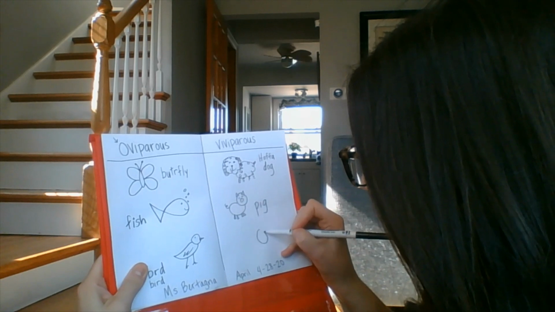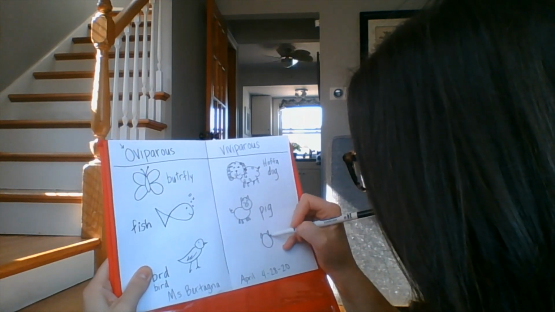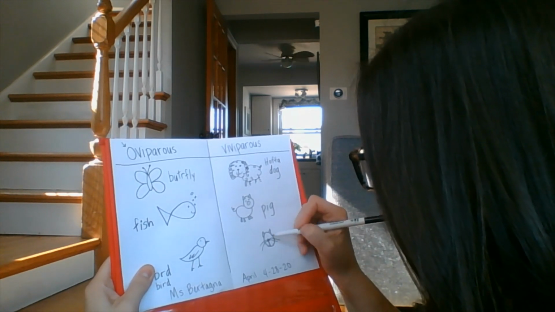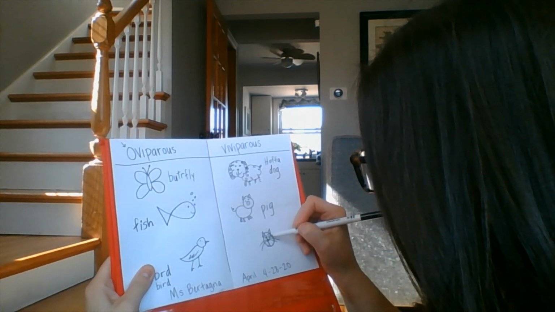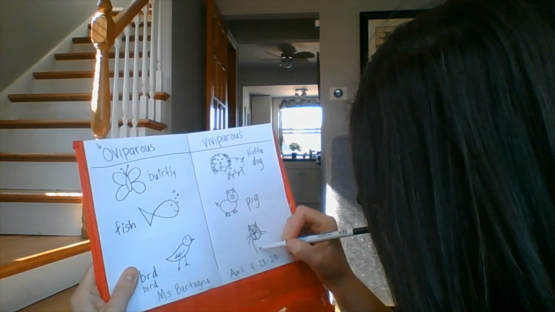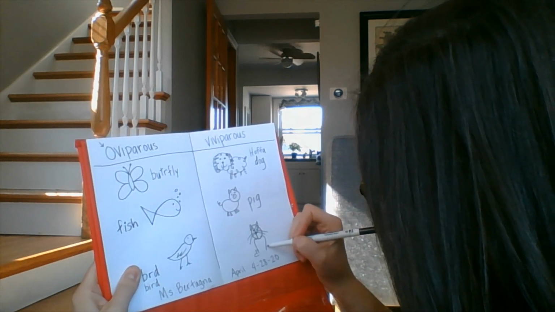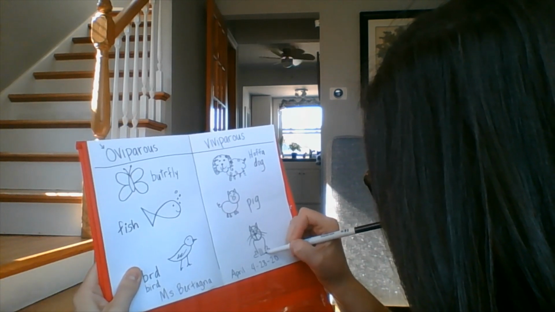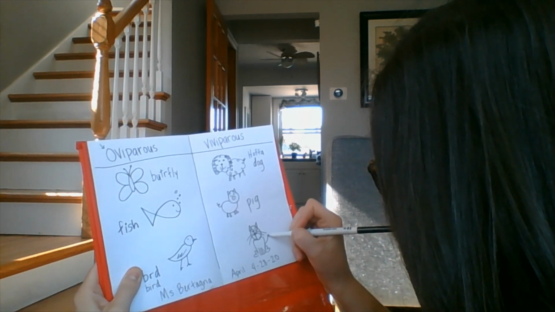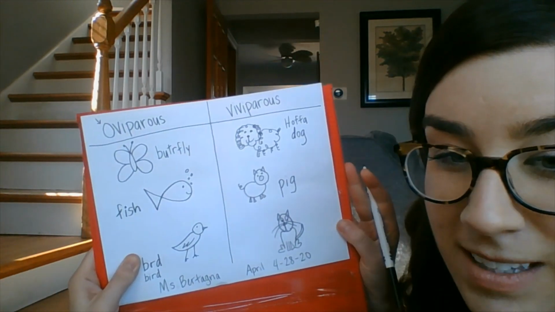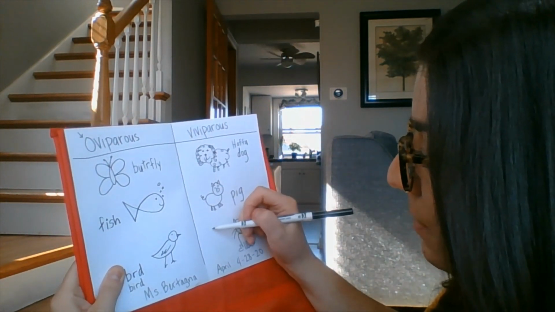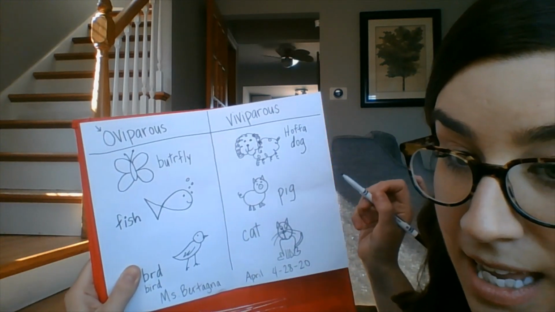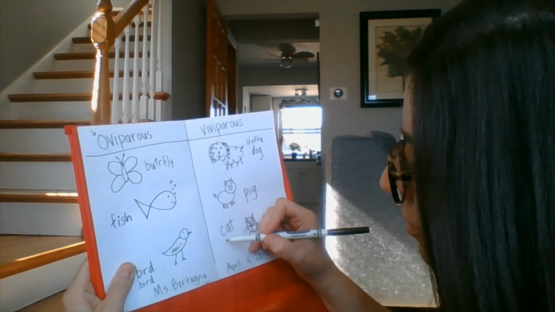So I'm going to draw a little kitty. All right, there's my little kitty, and I'm going to label it cat, and I'm also going to try writing kitten underneath, or kitty.